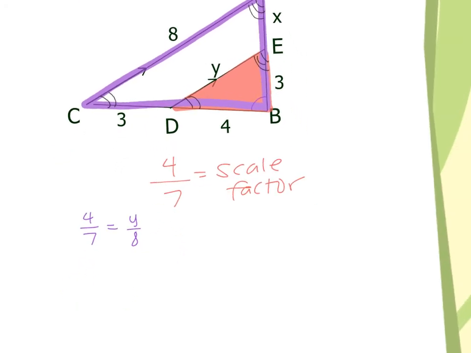And then I just cross multiply. So 32 equals 7 times y, divide by 7, and y equals 4 and 4/7.